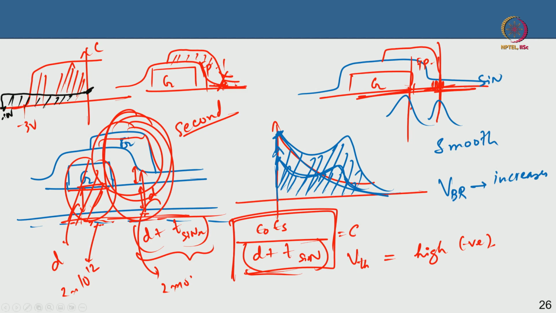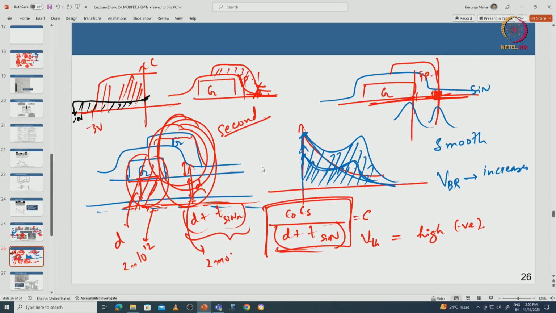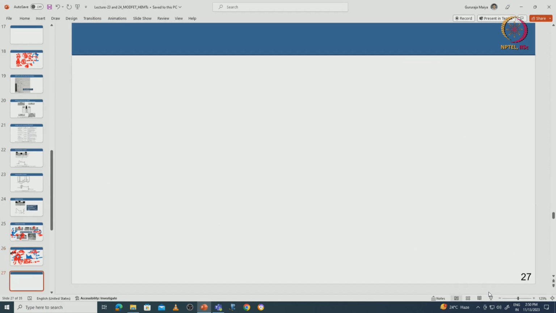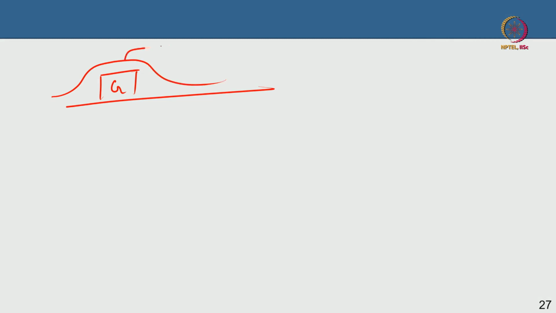So what is happening is that you have a gate here, then a dielectric and a secondary gate.